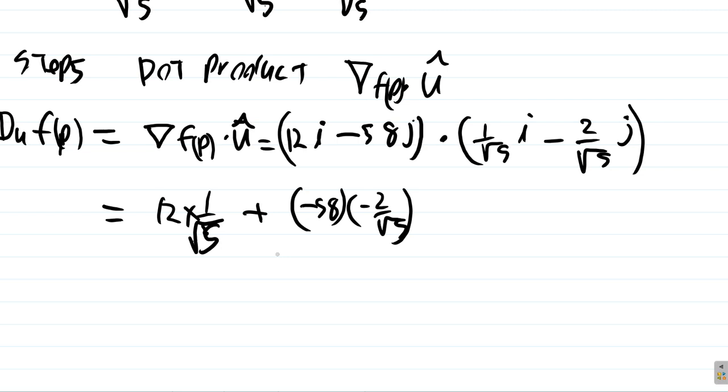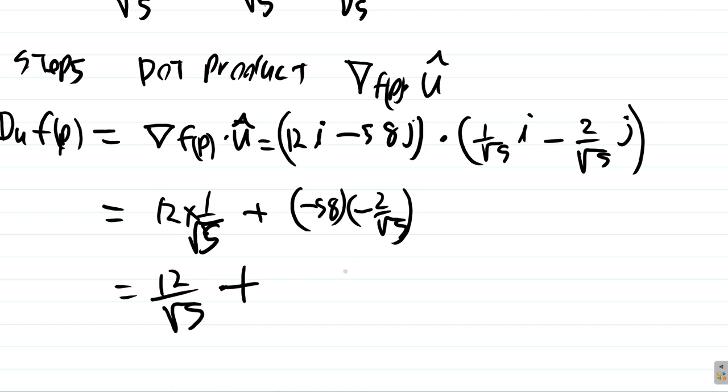Alright? So what you have: 12 over the square root of 5. Now, oh, why did I put a minus? Maybe it went there by mistake. Oh yeah, right, it's not a mistake. I just remembered. You have a negative 58 times negative 2 over square root of 5. Alright, so it's going to be a plus then.